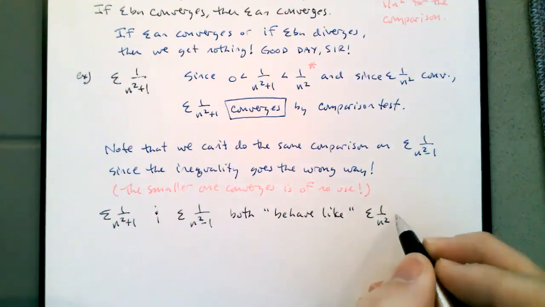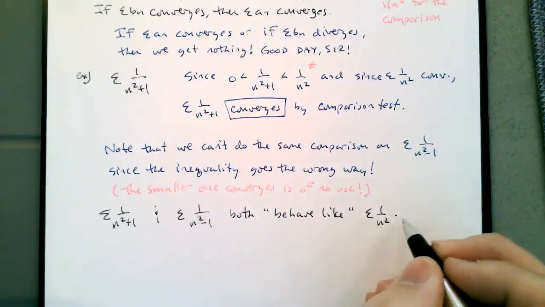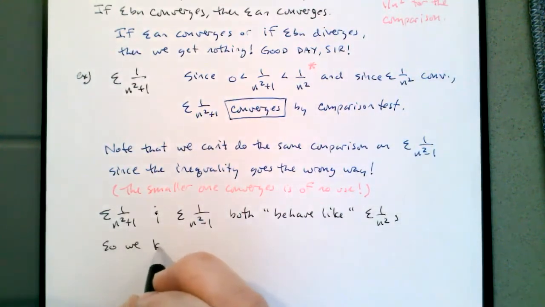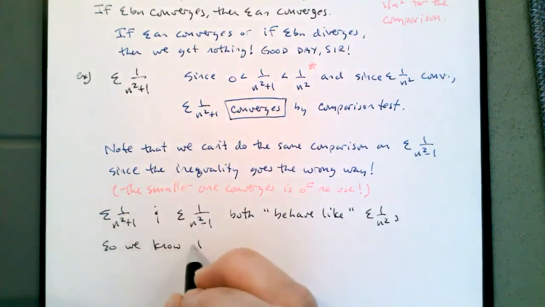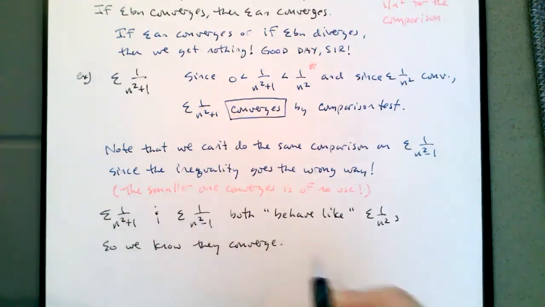And so in our mind, we're thinking that these series behave like 1 over n squared, so we know they converge. That's what's going on in our minds. These series behave like 1 over n squared. For large values of n, the plus 1 or the minus 1 doesn't matter. Only the n squared matters.